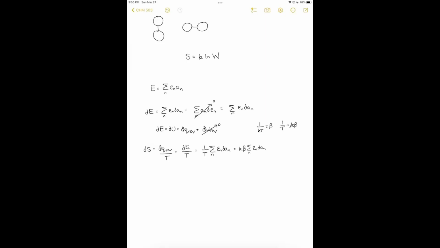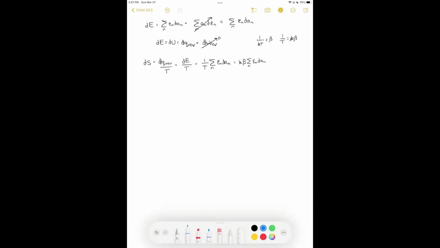Next, we'll use the following relationship that we previously found in the Boltzmann distribution derivation. So in deriving the Boltzmann distribution, we had the following relationship. We said that the change in the natural log of the weight with respect to the occupation number plus our Lagrange multipliers here for particle number and energy, which was alpha minus beta epsilon n, was equal to 0.